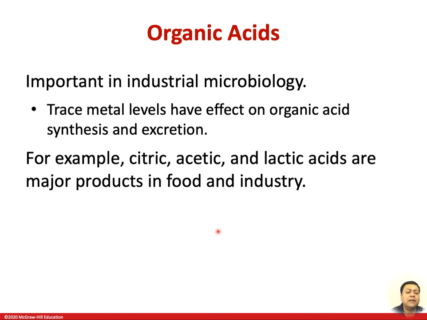So this is basically the manipulation that is done by changing the environment of the fermentation condition in the media. And this can be done pretty easily. And you already know that most of the biochemical reactions are reversible, so there is an equilibrium constant when these reactions are going on.